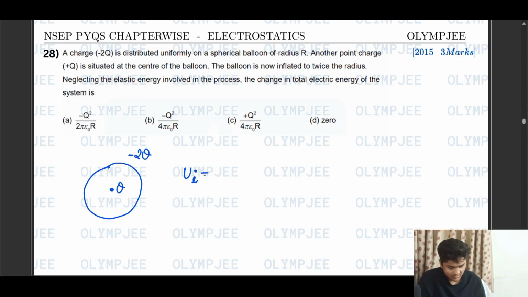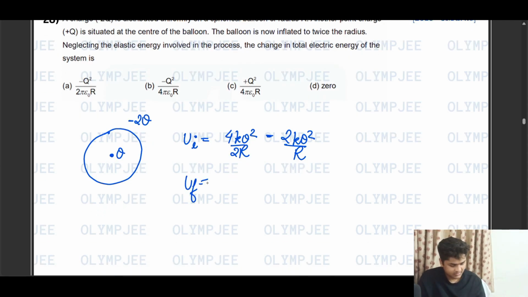So initially the energy can be written as, right, because this is the self energy and this is the energy due to this minus 2q charge, and finally the energy can be written as, this is also equal to 0 and this is also equal to 0, so the change is also equal to 0.